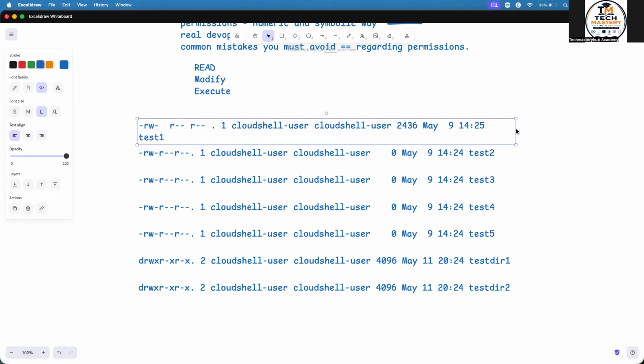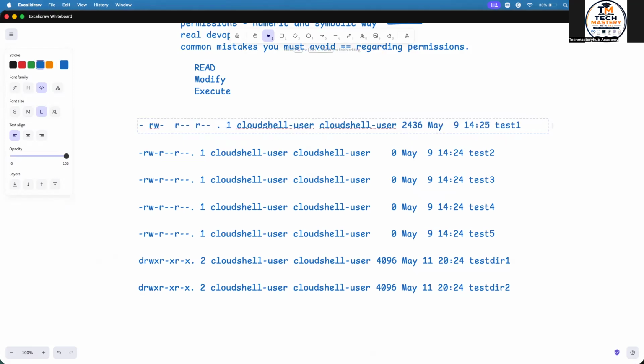So this first dash says this is a file. Then RW dash, R means read, W means write, and X is execute, but there is no execute permission.